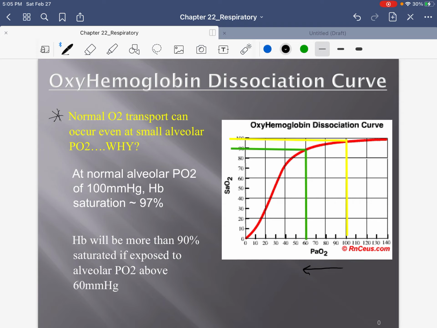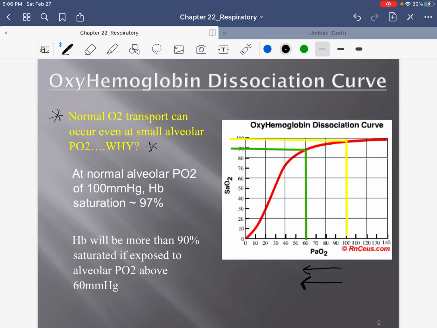Let me say that again. This right here is showing us a 40% drop, from a partial pressure of oxygen of 100 to 60. That is pretty low, but I'm just making a point. We can handle a drop in oxygen levels and still keep hemoglobin well saturated.